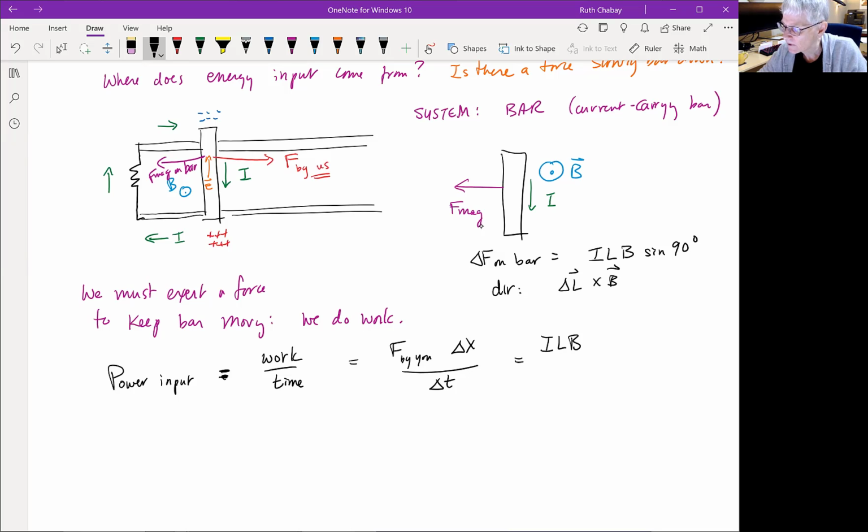And then it's times the distance you move in some particular time. But this, of course, is actually just the speed of the bar. So this is v, it's dx dt. So it looks like this is I, L, B times v of the bar.